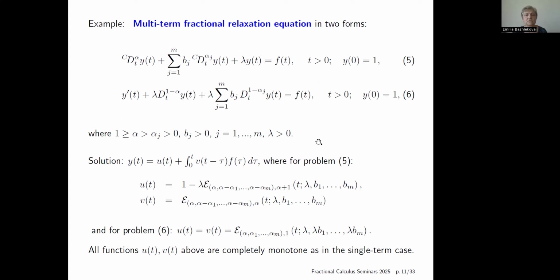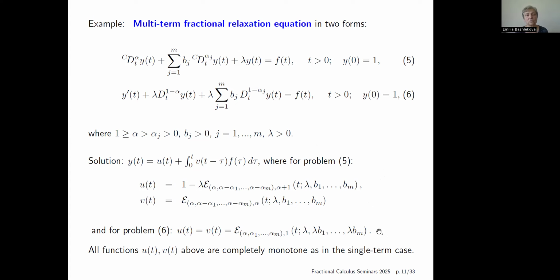The combinations are with positive coefficients, and the orders of fractional derivatives are between 0 and 1. And here we give the representations of the solution in case of problem 5, representations of the two functions u and v. After that, for problem 6, all of them are represented in terms of multinomial Mittag-Leffler functions.